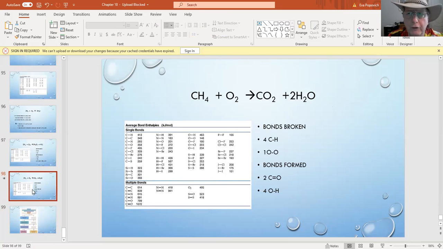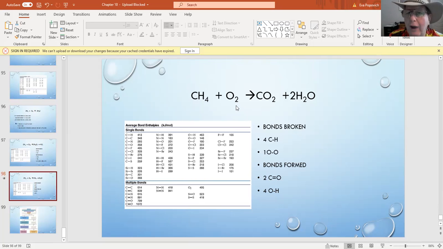They're being broken, so they stay on the positive end. How many OO bonds am I breaking? 1. So I'm looking at OO. To the 4 times 413, I'm going to add a positive 146.